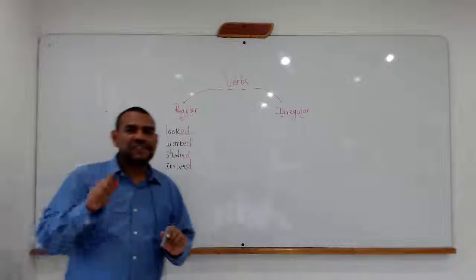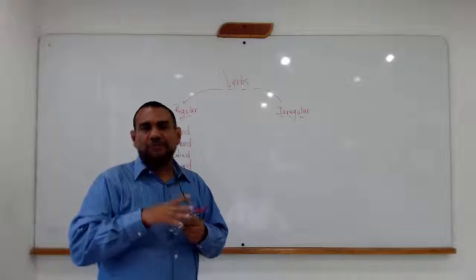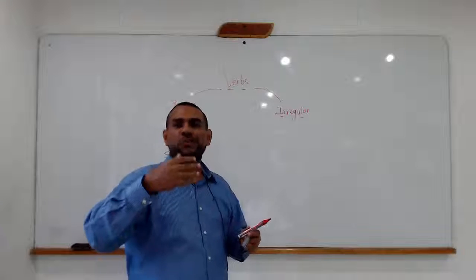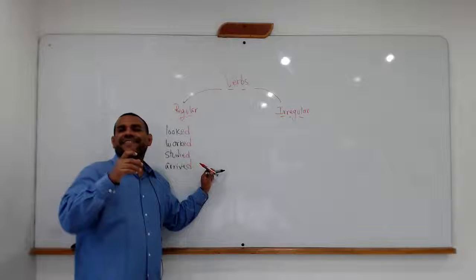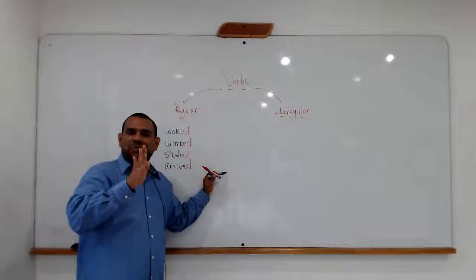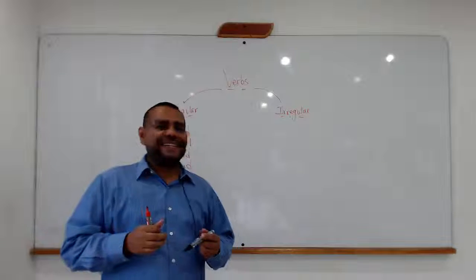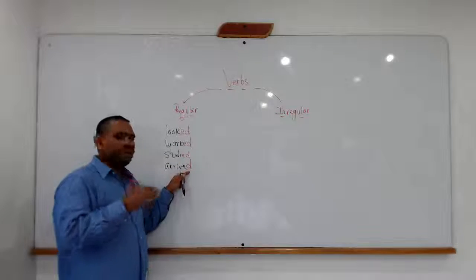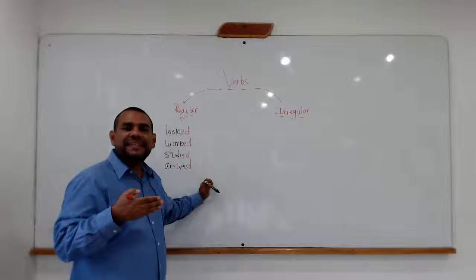You don't say studied with a t sound. Although in some countries, depending on the accent people have in those nations, some people are going to say it that way, but regularly in English, that's not the standard pronunciation. The standard one is studied. Or, over here, the pronunciation is voiced too, and you say arrived.